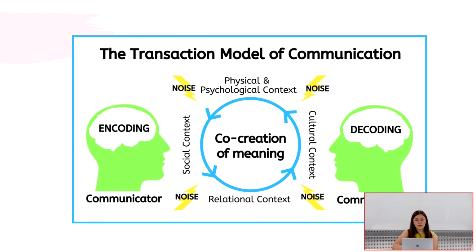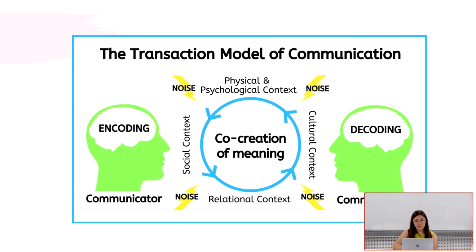In order to communicate, we need to have at least 2 communicators, because one person needs to have an idea or something in their mind to share with the other person, and they need to exchange some meaning between them.